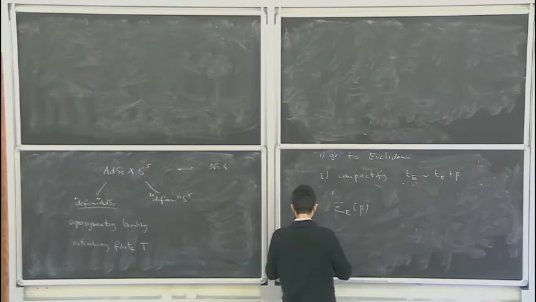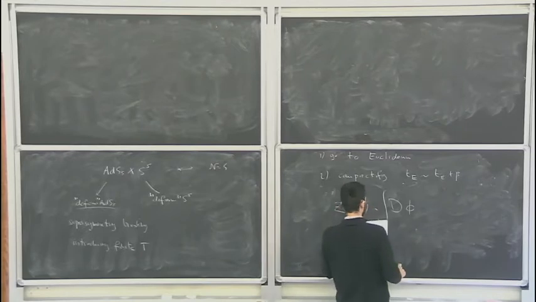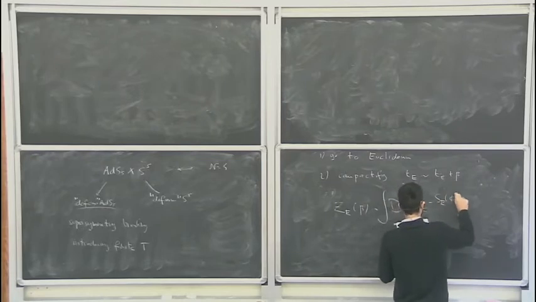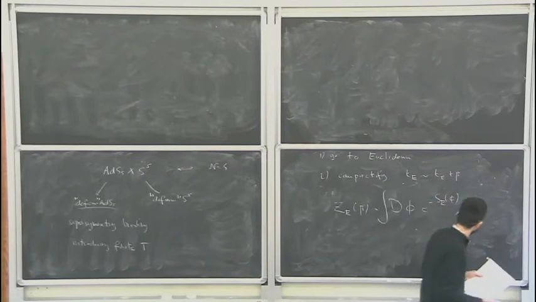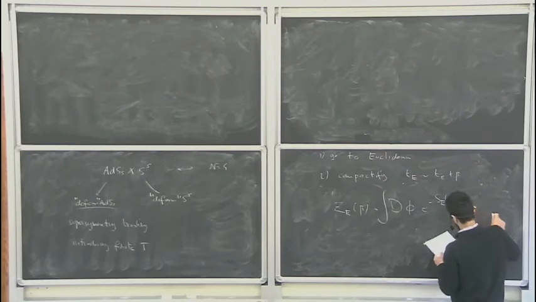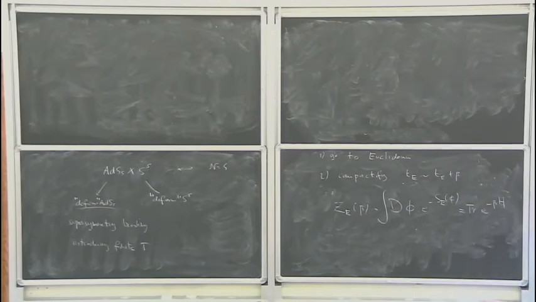E stands for Euclidean. You have some huge path integral over all the field configurations. You have your Euclidean action, depending on the fields. And then the rules of the books in the Feynman formalism tell us that this is the trace of e to the minus beta H, where H is the Hamiltonian of the system, right?